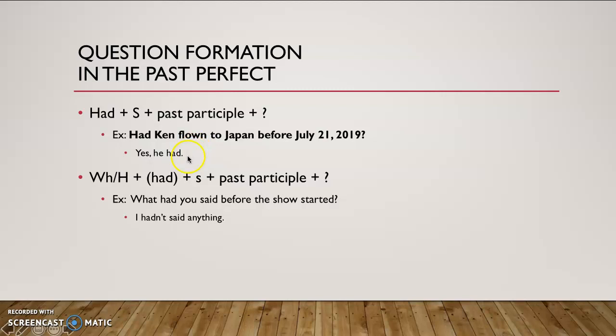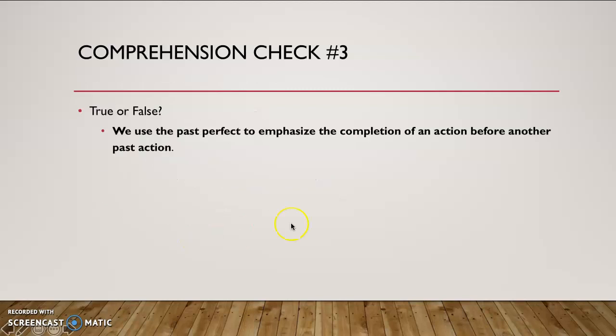The short answer would be: yes, he had. Then a WH question word plus had plus subject plus past participle, then the question mark. Example: What had you said before the show started? I hadn't said anything.